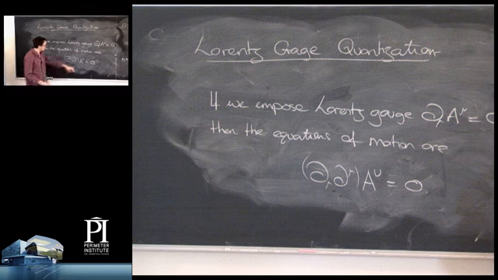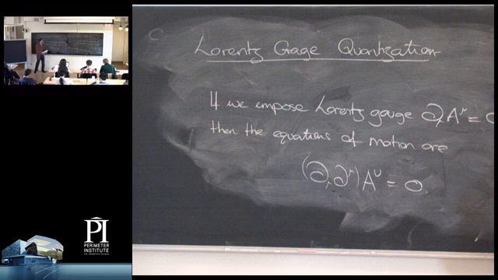Each component of A mu obeys the massless Klein-Gordon equation. If you look at the full operator I wrote down before and insist that A mu obeys this, one of the terms drops out. You've just got this. So very easy.